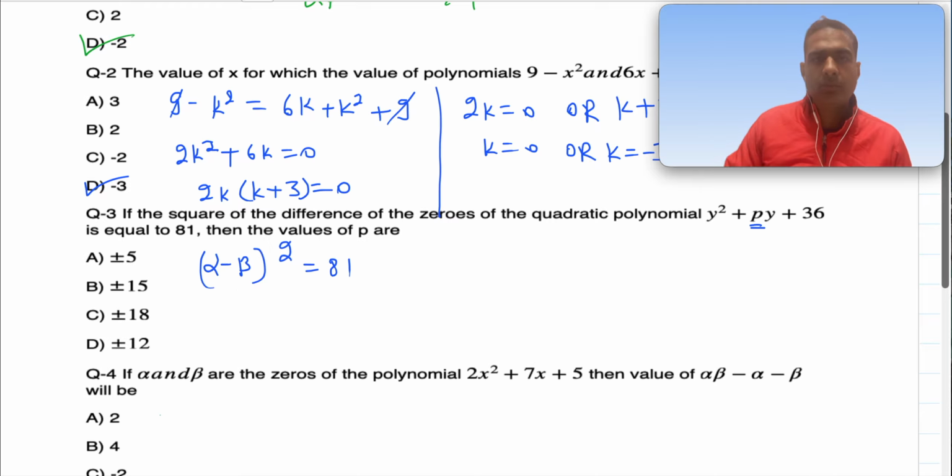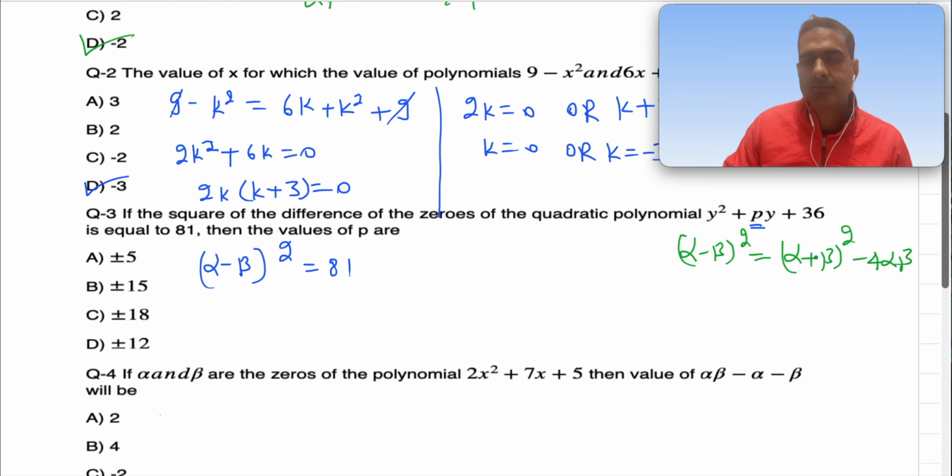We know one relationship: we can write alpha minus beta whole square as alpha plus beta whole square minus 4 alpha beta. This is the relationship between alpha minus beta whole square and alpha plus beta whole square. You can open both the brackets and the left hand side will be equal to the right hand side. So using this, we will try to solve this question.